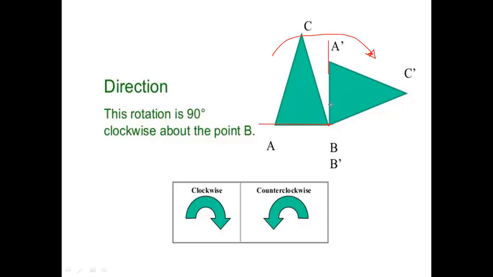How do you tell it is 90? Take a look at the intersection. They are perpendicular to each other, forming 90 degrees. So if this is the fixed point and it is rotated in a clockwise direction, then this will be the image. From the object here, rotate 90 degrees clockwise. So this is now your image.